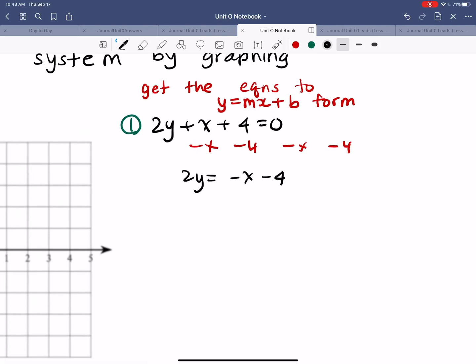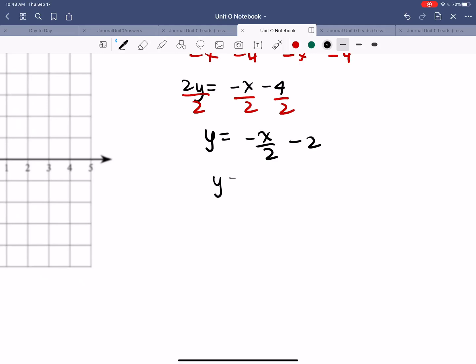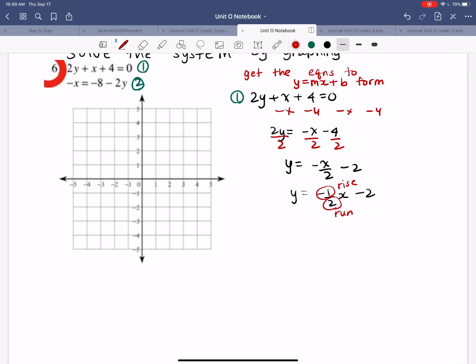I want to get the y by itself, so I'm going to divide by 2 on all three. So I get y is equal to negative x divided by 2 minus 2. So what that really is negative 1 over 2x minus 2, where this is the rise and this is the run, okay? So let me also simplify the second one.